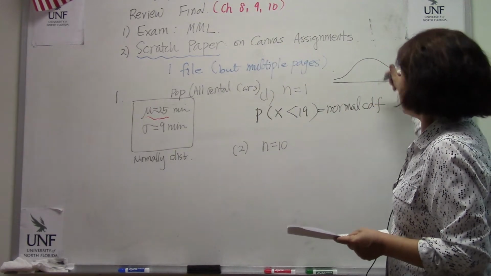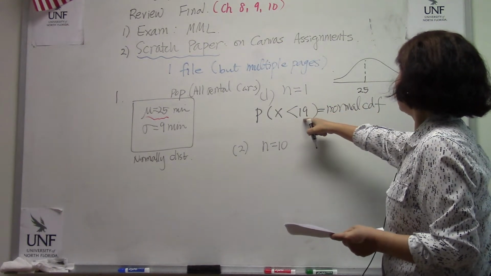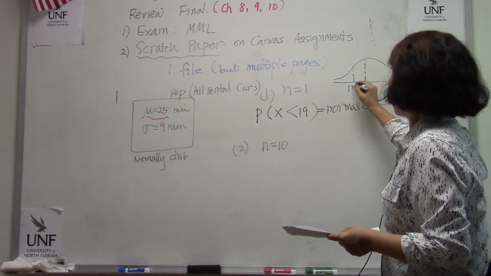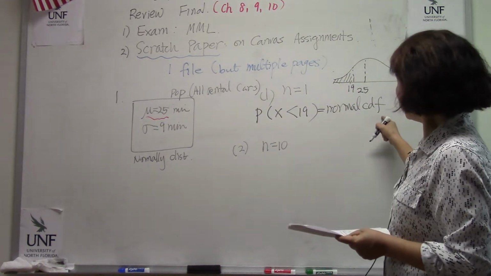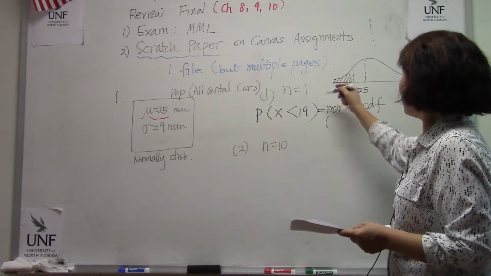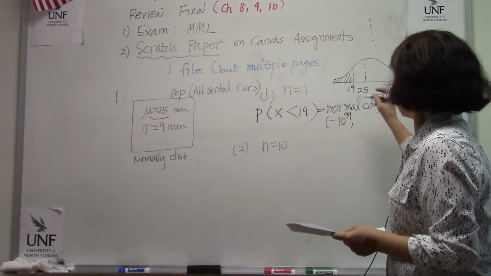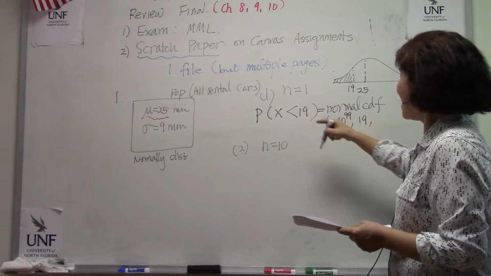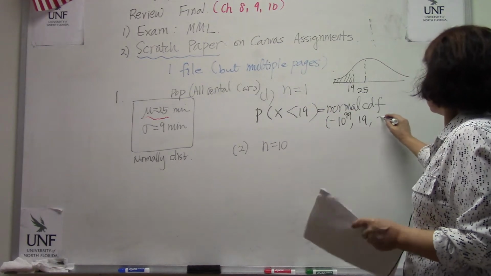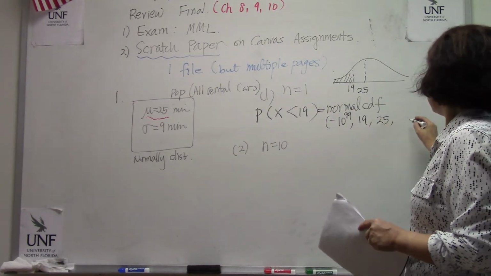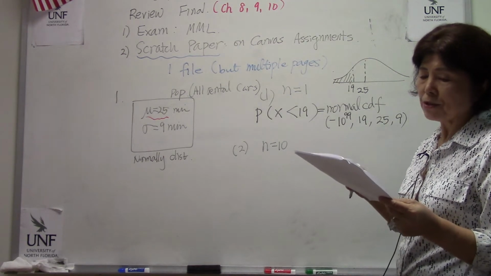Here the mean is 25 minutes, and you want to compute less than 19 minutes. With the calculator, normal CDF, the lower bound is negative 10 to the 99, the upper number is 19, and because n equals 1, the mu and sigma are the same as before.